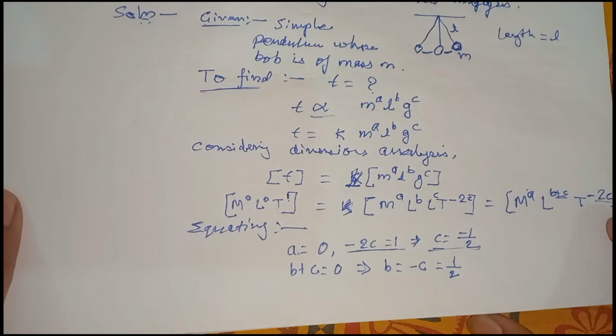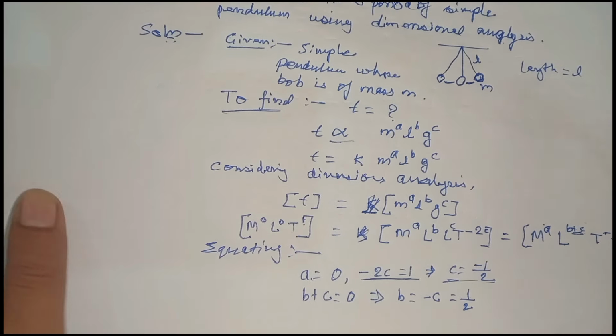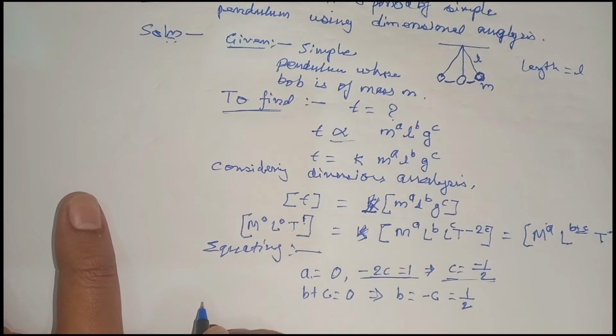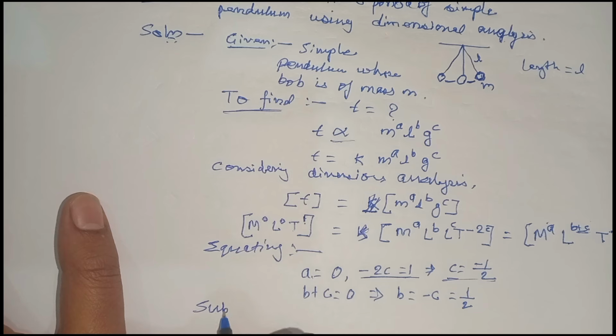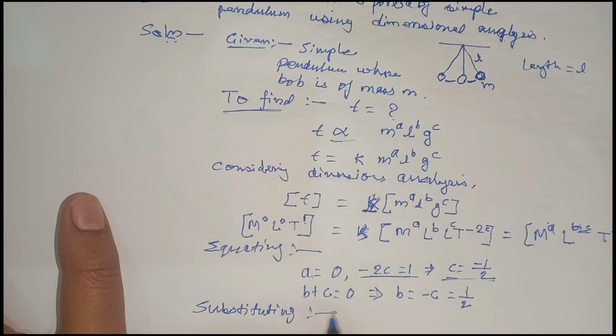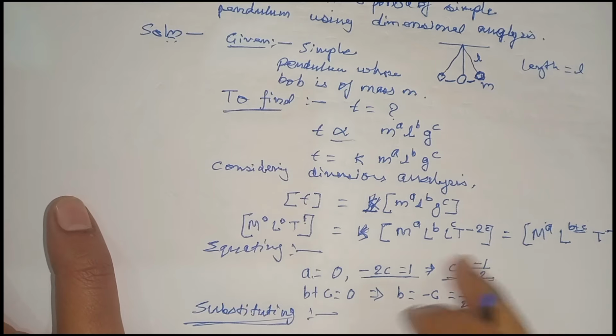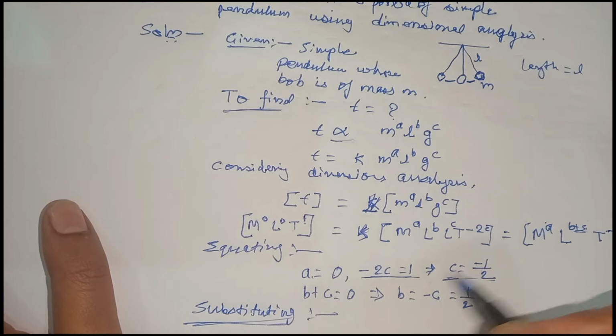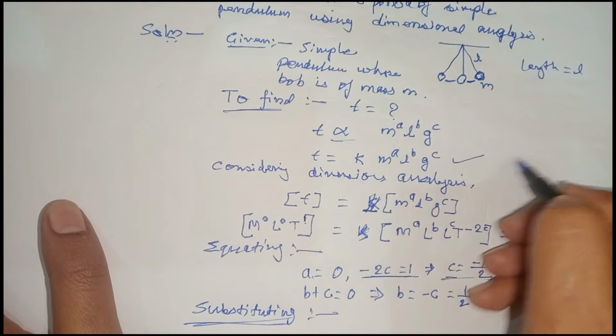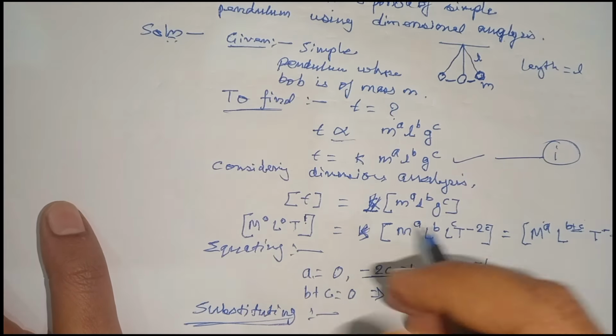Now what we do? We substitute. The last step is substituting. We will substitute all the found values of a, b, c in this equation, let it be equation 1.